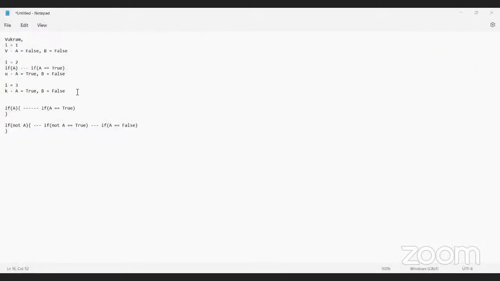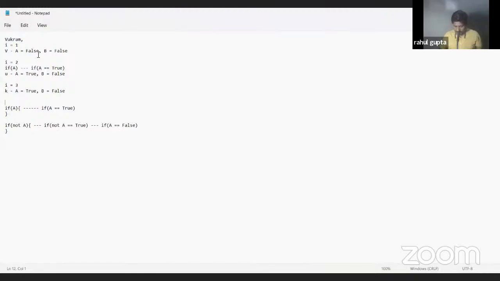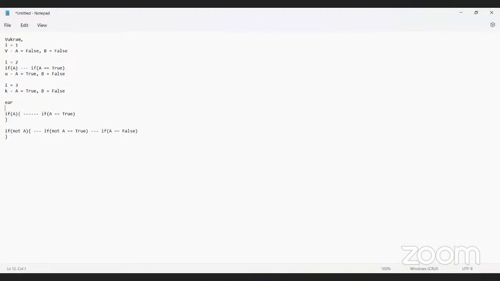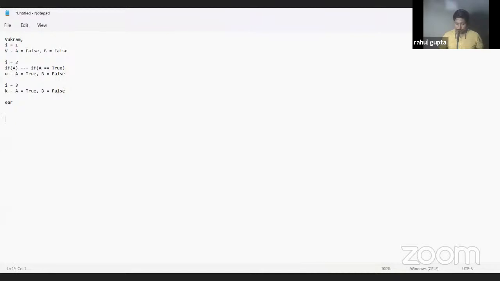You can take a word which has consecutive vowels and also another word which has two vowels but not in consecutive manner, so that they can understand, I guess. Okay, so you can take the word ear, sir. You can also take the word listen. Okay, so this is the word here.